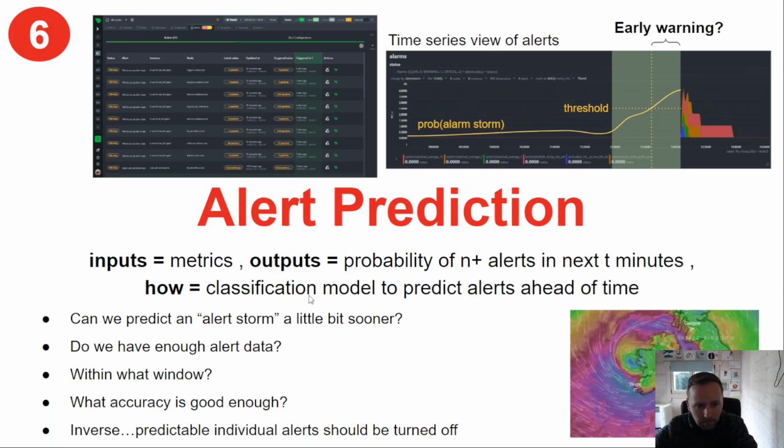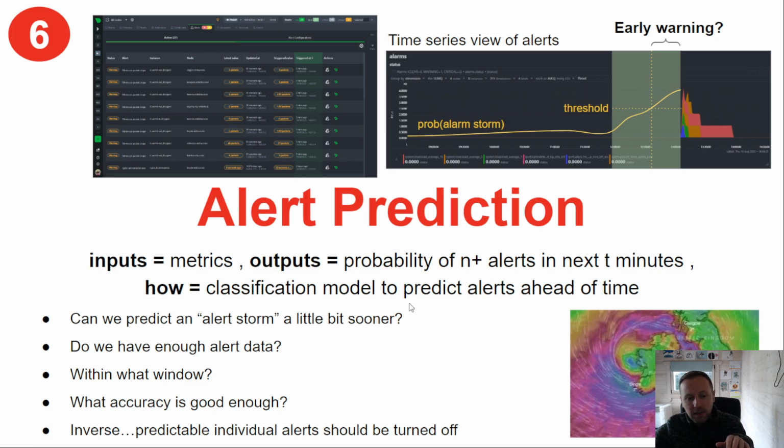We can take our inputs, which can be metrics, or state transitions of alerts in the past, or anything else really, and what we're trying to do is output a probability of n plus alerts in the next t minutes.